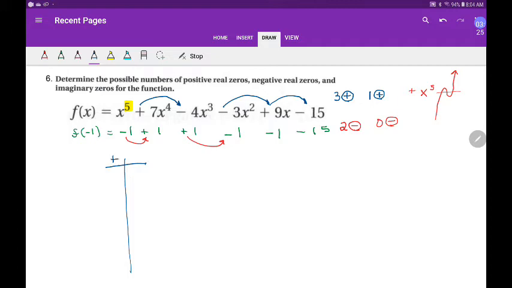So there could be positives, there could be negatives, and there could be imaginaries, okay? So if there are 3 of these, there could be 2 of those, and then there'd be no imaginary. And then for the positive, the other possibility would be that there's 3 positive, 0 negative, and 2 imaginary.